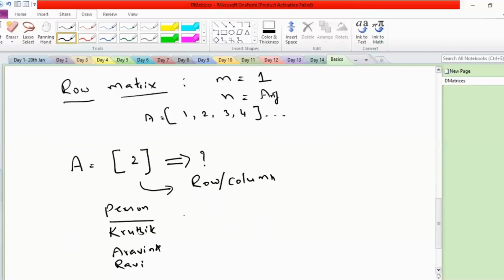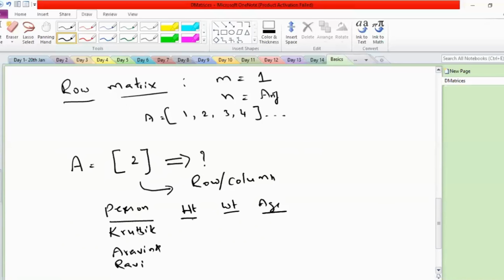I am calculating, let's say, height, weight, age of a person.